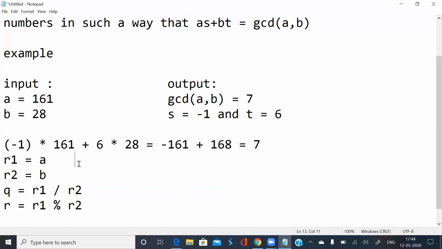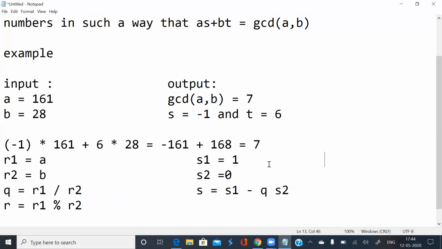Then initial value of S1 is 1, S2 is 0, whereas S is equal to S1 minus Q into S2.